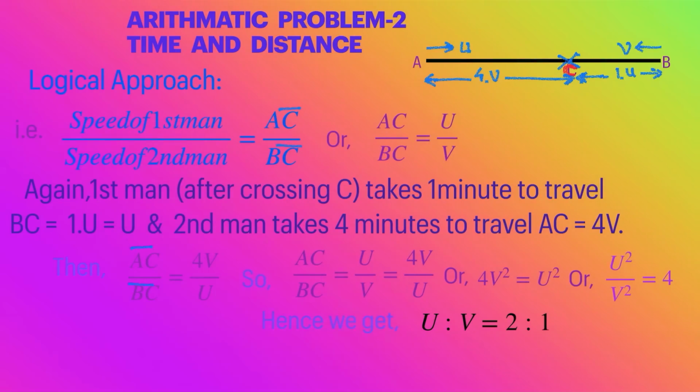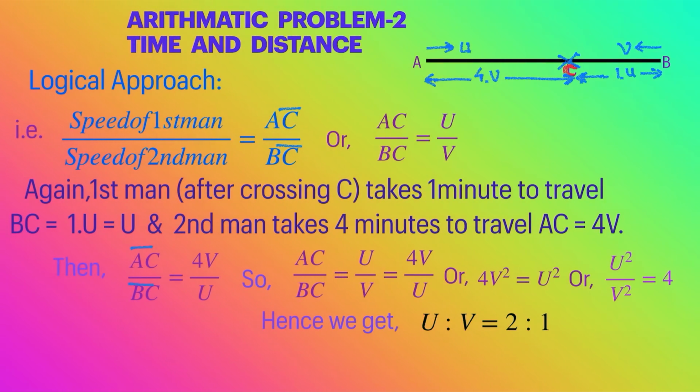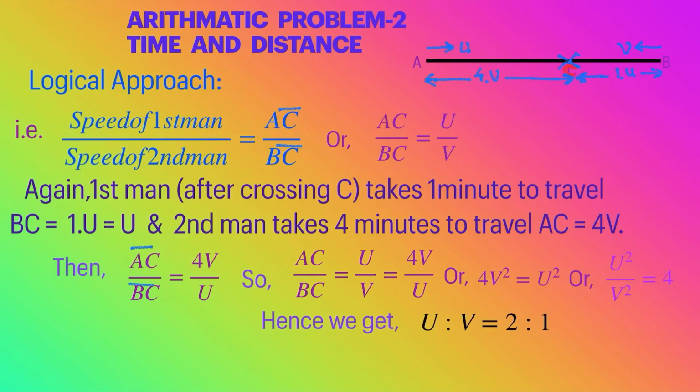So also we get easily the result, the ratio of their speed, that is U to V equal to 2 is to 1. So this is the solution from the logical approach.